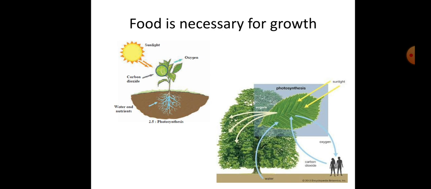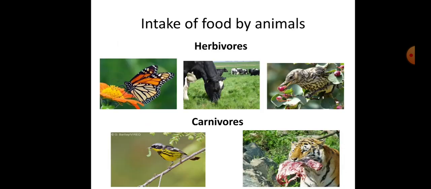So animals, as they do not have chlorophyll, they do not produce their own food. They search for food. So how are they searching for the food? Intake of food for various animals is different. Some of the animals are herbivores. Herbivores means they are growing on plants.